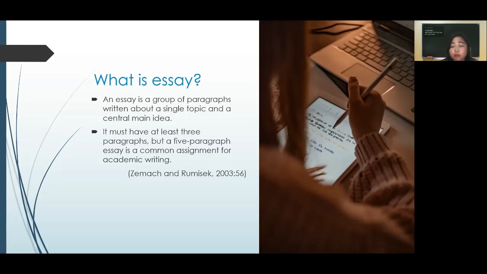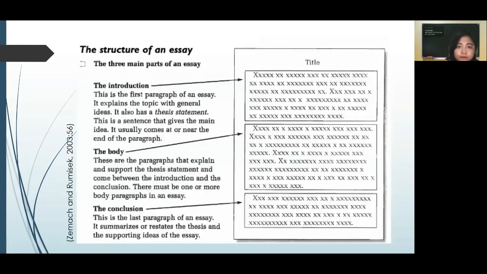The minimum is a three paragraph essay, but the better one is a five paragraph essay. For beginners, you can try to write a three paragraph essay. It's okay.